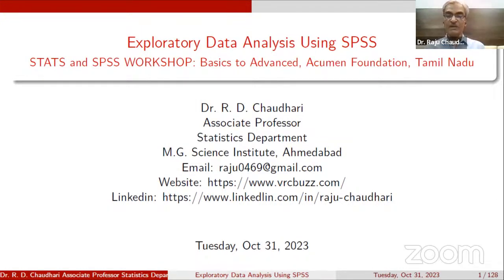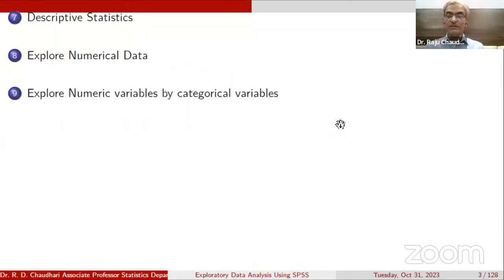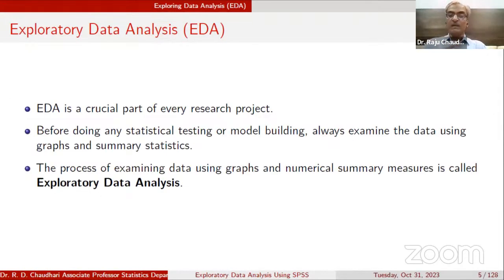Okay. So in exploratory data analysis, as I told you, it is a crucial part of every research project. Once we have ready data, the next step is to explore the data. It is popularly known as EDA, that is exploratory data analysis, right?